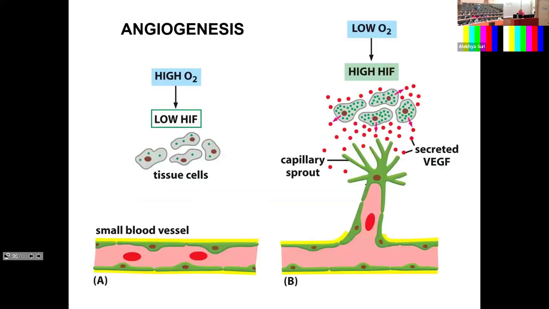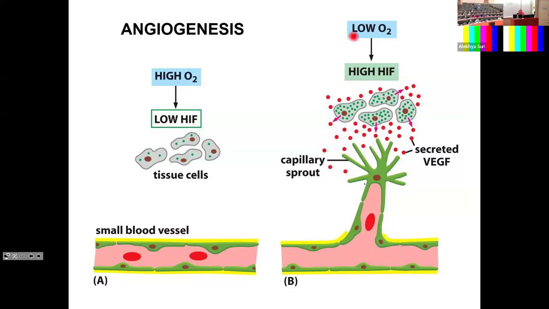So angiogenesis happens normally, right? In a normal organism this process can involve tissue cells or tumor cells. The reality is that when you have high oxygen, you have low levels of this transcription factor.